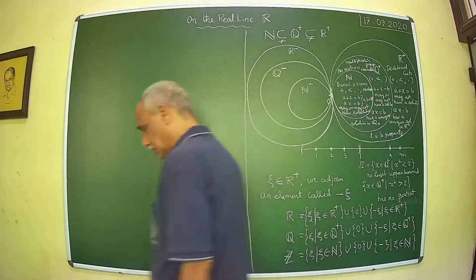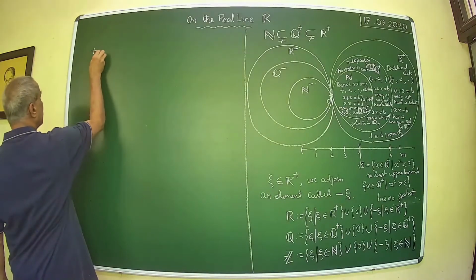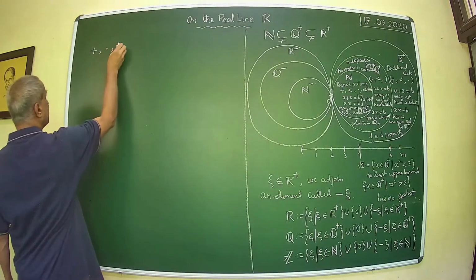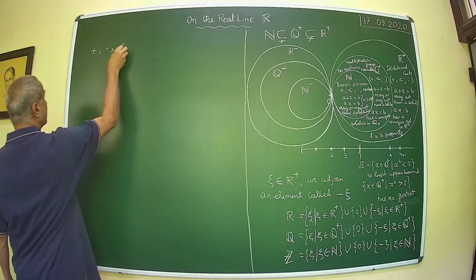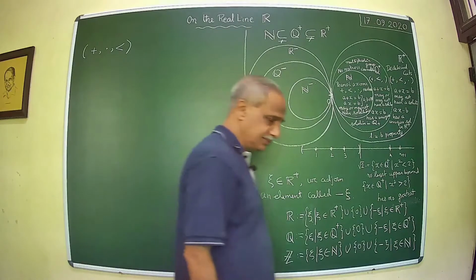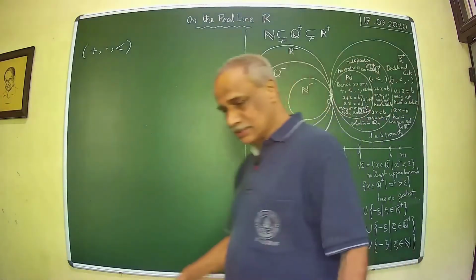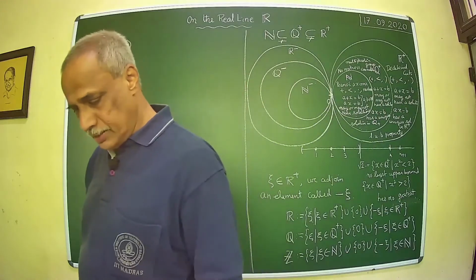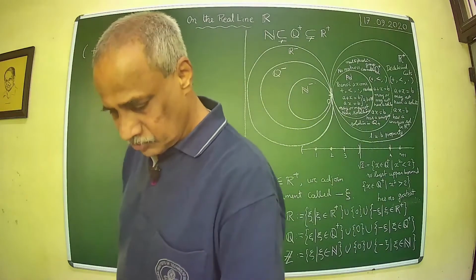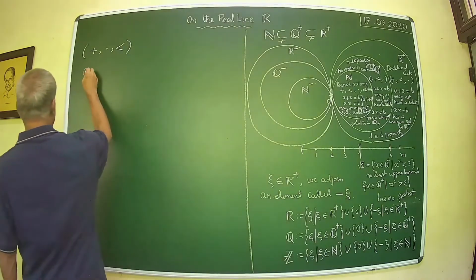Okay. How do you extend addition, multiplication, and order relation? These are the three things that we have to work with. The whole R. Okay, so let us do this one by one. So first we work with the order.